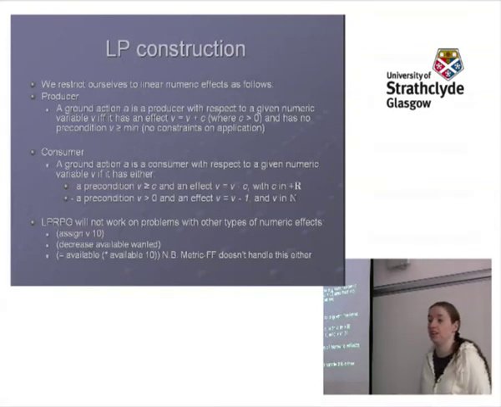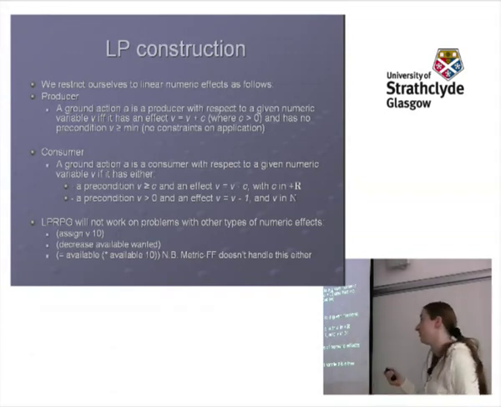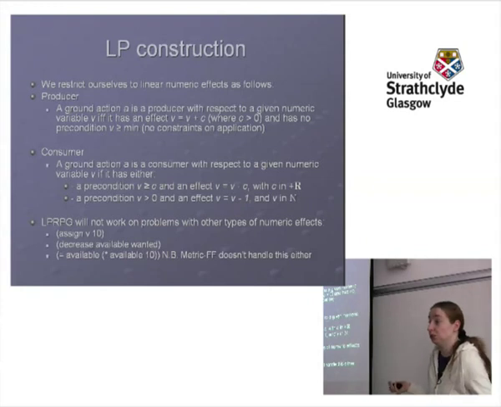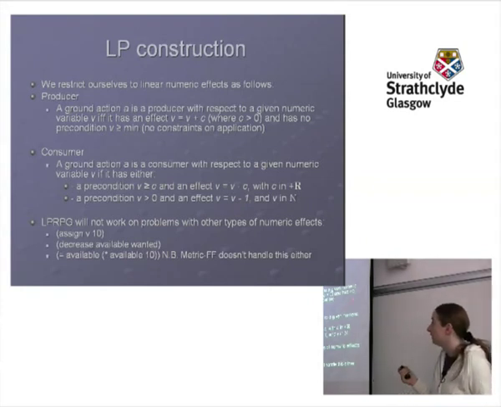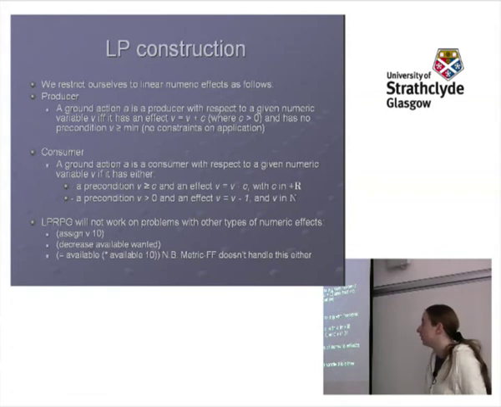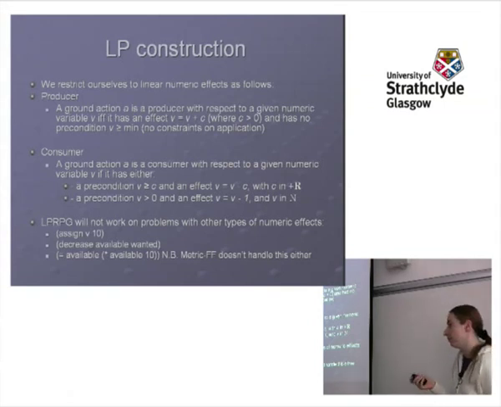So essentially, it just increments the value of the variable by some constant. That's why c is greater than 0, because otherwise it's going to be a consumer. And it has no precondition v >= minimum. So whether we can produce is not conditional on the initial value of the variable.